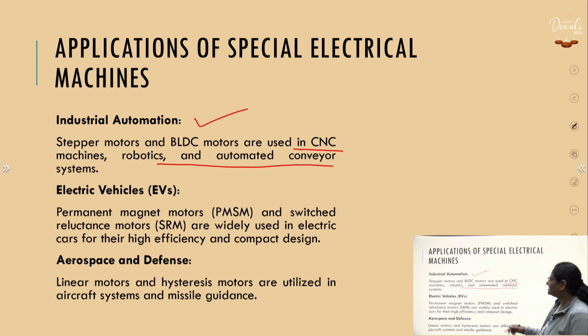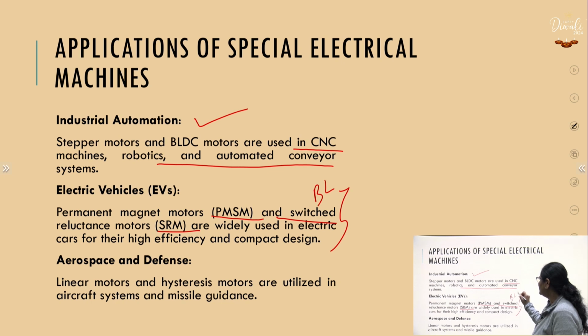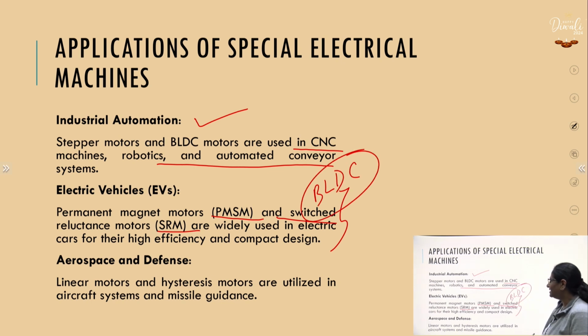Electric vehicles: permanent magnet motors and switched reluctance motors are widely used along with BLDC. BLDC motors are widely used for electric vehicle applications. So please add BLDC here as well. Aerospace and defense applications: linear motors and hysteresis motors are utilized in aircraft systems and missile guidance.